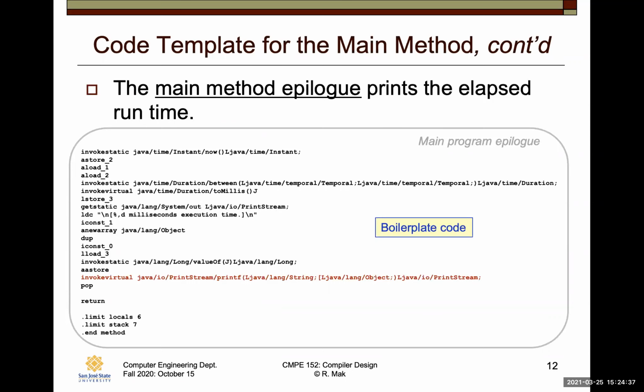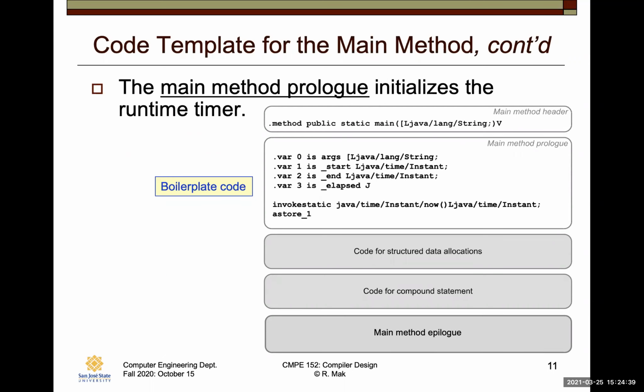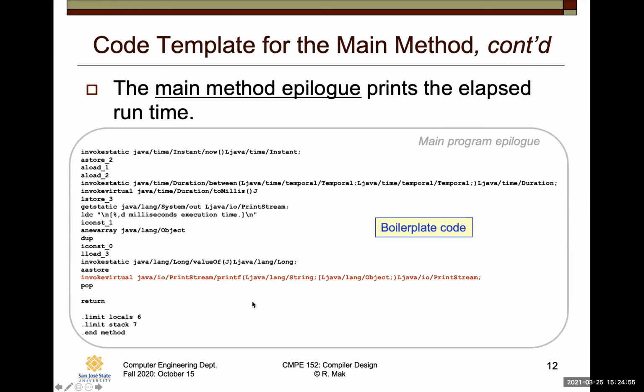In the prologue, we recorded the time the program started, and in the epilogue, we're going to record when the program ended, and then calculate the elapsed time, and then print that out. All this code is to do that.